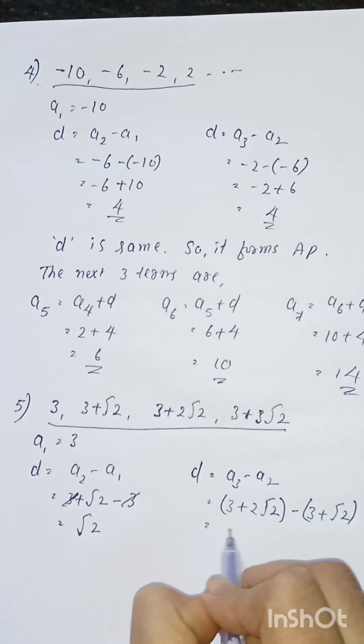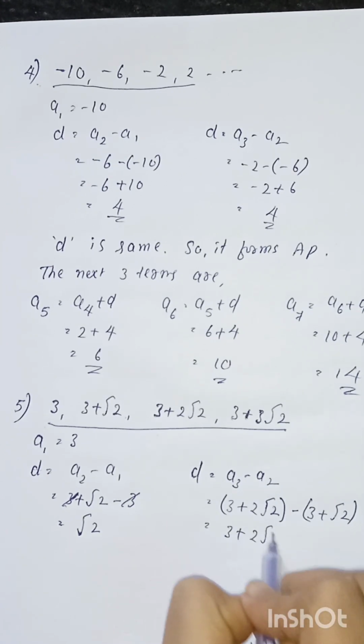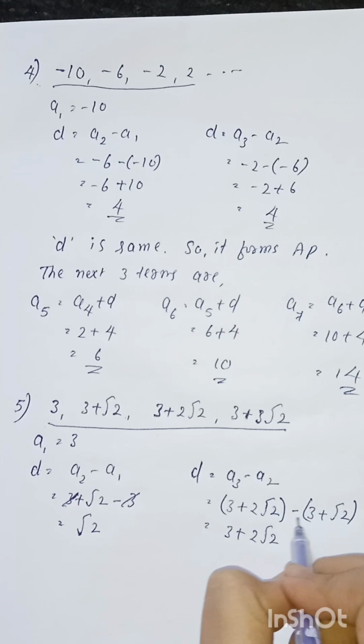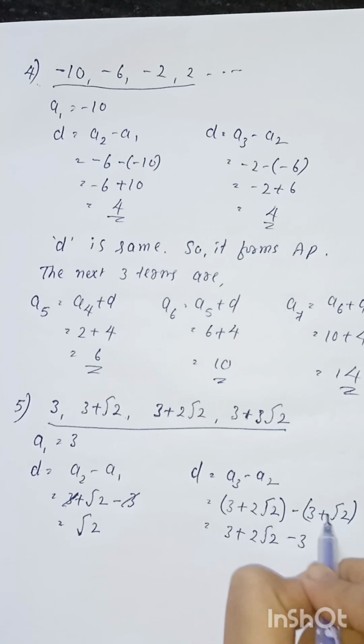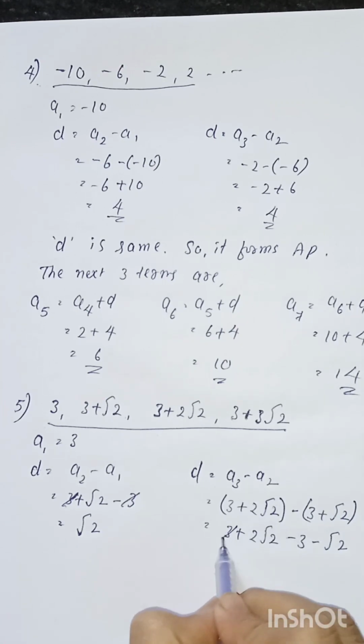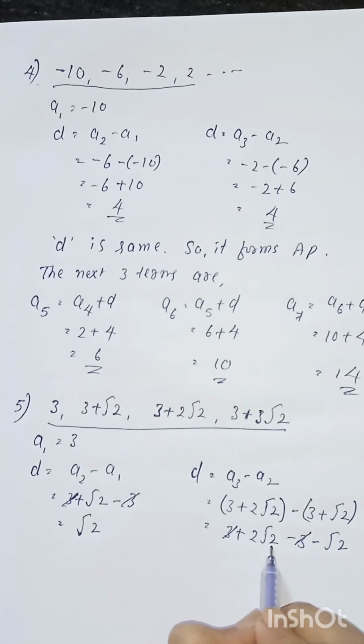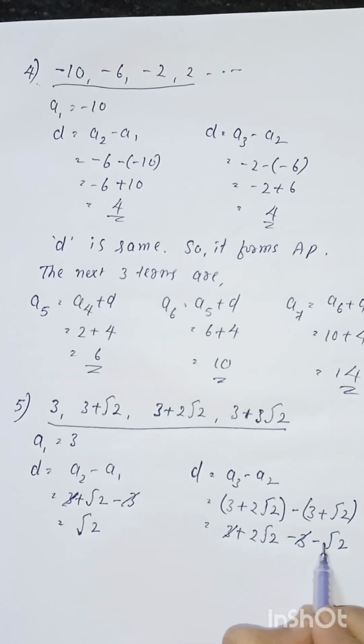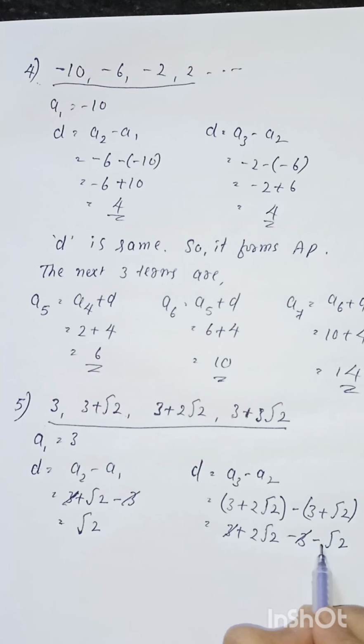Next step, 3 plus 2 root 2 and remove the brackets. If there is no sign, we can consider it as plus. Minus into plus, minus 3, minus into plus, minus root 2. Now plus 3 and minus 3 get cancelled. 2 root 2, and if there is no number, we can take it as 1 root 2.